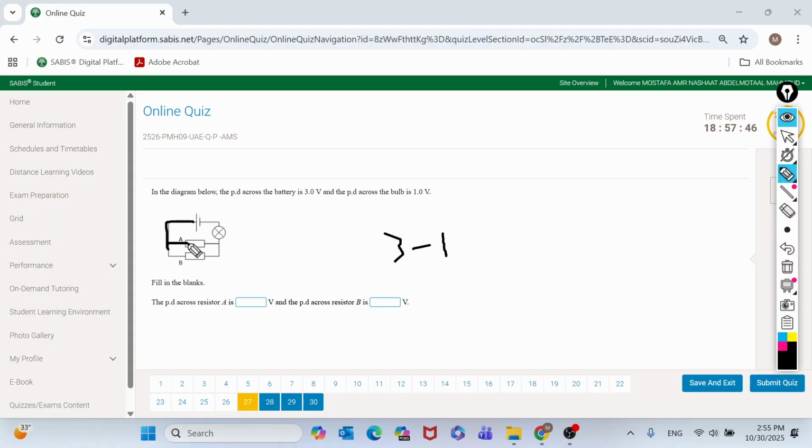But guys, remember, these are in parallel and volts is the same in parallel. So if you remove the battery, you'd have 2 volts left. These two are connected in parallel, so the 2 volts is the same for both of them. If they were in series, it would be different. But they're in parallel, so they have the same voltage, and the remaining 2 volts goes to both of them.